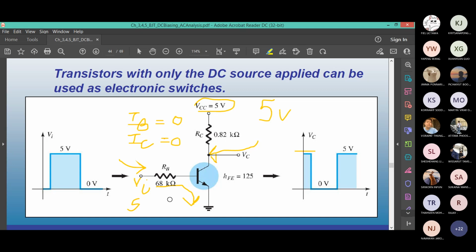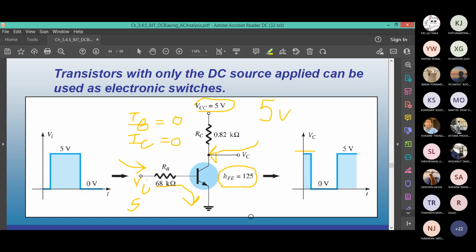If you have IB, you can calculate IC. IC is beta IB. What is beta? Some spec sheets, instead of beta, write hFE. That is beta, 125. Multiply 63 microamp with 125, you will get 7.9 milliamp. No, not 7.9.